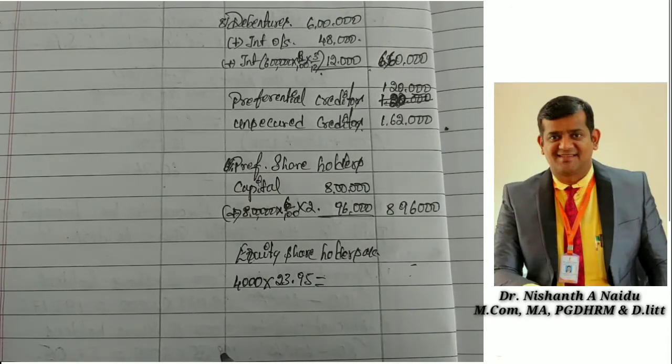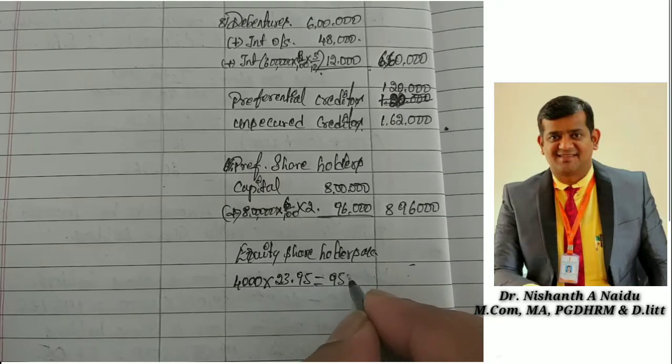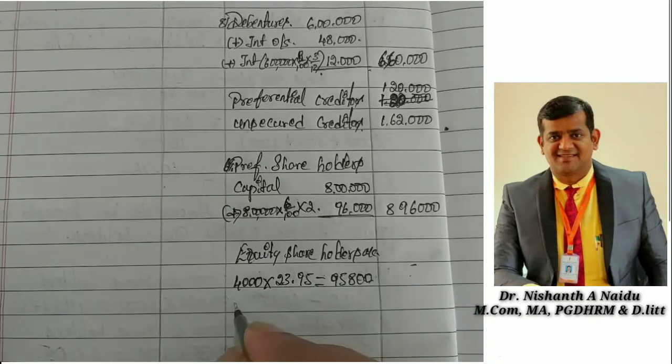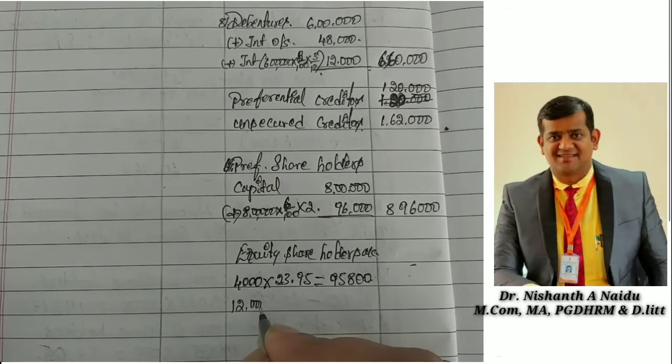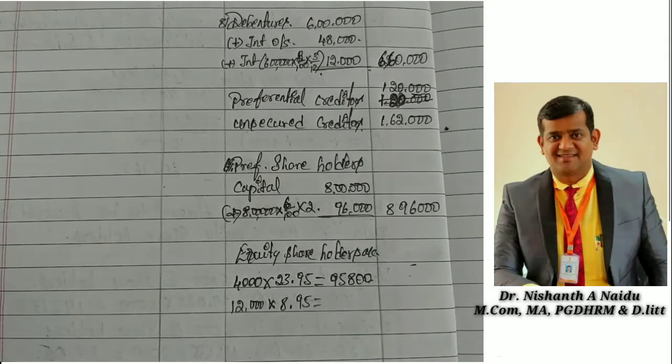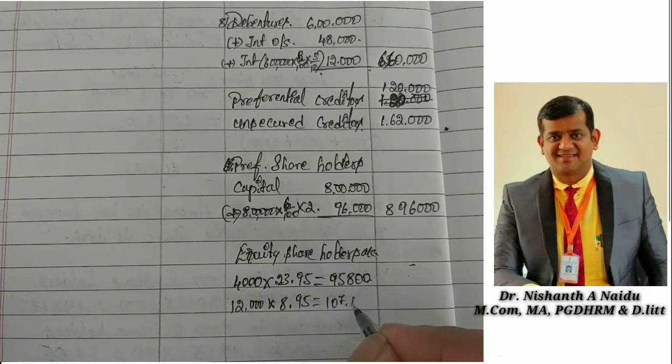You can refer to the working note. That comes to 95,800. Next, 12,000 equity shareholders are receiving 8 rupees 95 paise, so they are going to get 1,07,400.